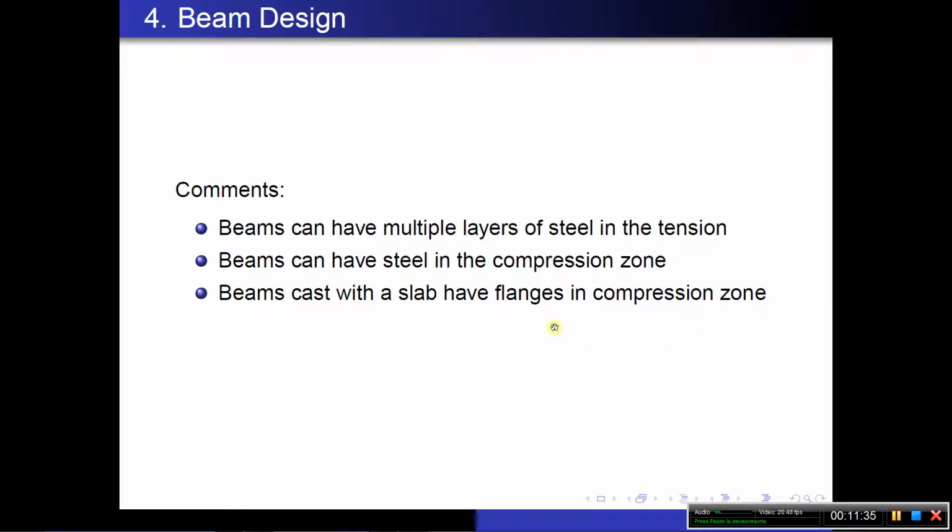You will perhaps understand this more when I go over the use of the nominal moment calculator computer program, because it has the ability to include flanges in the compression zone of the concrete beam. This arises because the slab that is on top of the concrete beam is poured with the beam and it acts together, and so you can account for that if you apply the code properly.